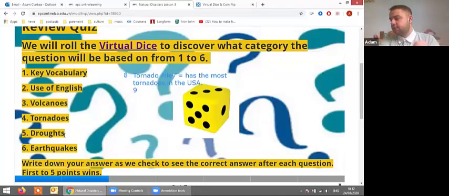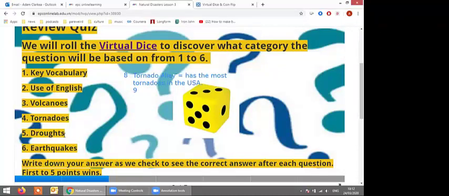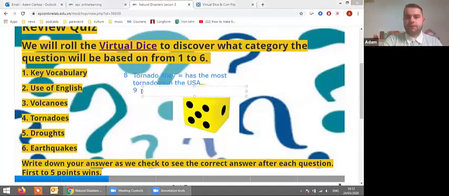Now, let's make it a little bit tricky then. What is the word used for when you artificially water your crops or your land? It doesn't fall from the sky.